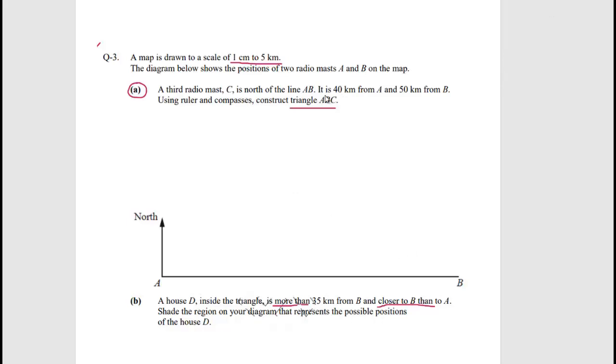This mast C is 40 km from A and 50 km from B. Using ruler and compasses, construct triangle ABC.